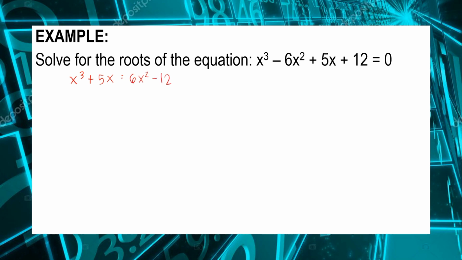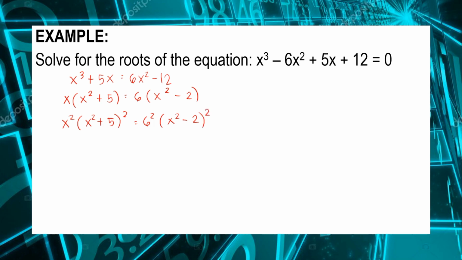Then I will factor out the x. So I will have x times x squared plus 5 here, and I can factor the 6 on the right side, so I can have 6 times x squared minus 2. Now, the next step, we have to square both sides of the equation. So we will have x squared times x squared plus 5 squared equal to 6 squared multiplied by x squared minus 2 squared.